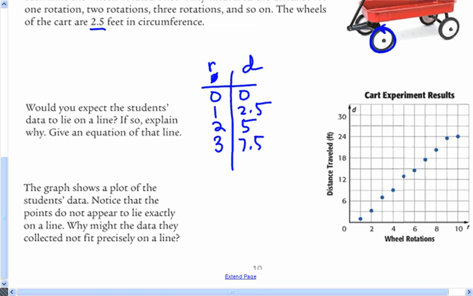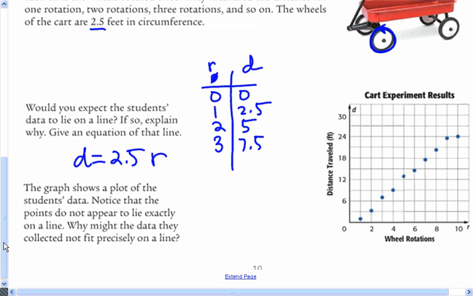And that is linear, and so the equation would be the distance traveled is equal to 2.5 times the number of rotations. So, the students actually measured it instead of thinking about how that relationship is. Maybe they weren't clever enough to figure out that relationship, so they just wanted to measure.